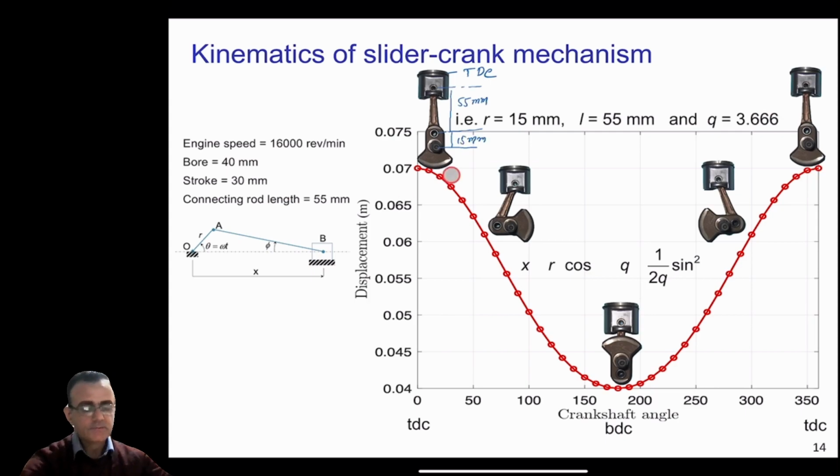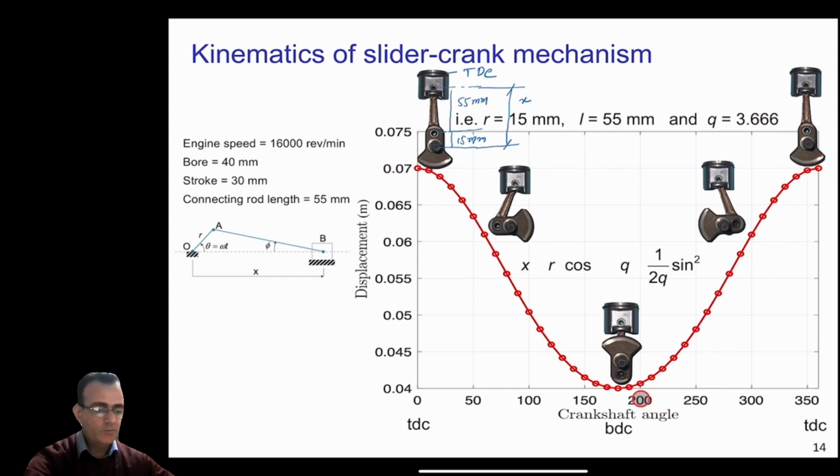So this means that x, which is this x here, is 70 millimeter, or 0.07 meter. This means that when the angle is 0, x is 0.07 meter, and again when the angle is 360, which is this position here, x is again 0.07 meter.